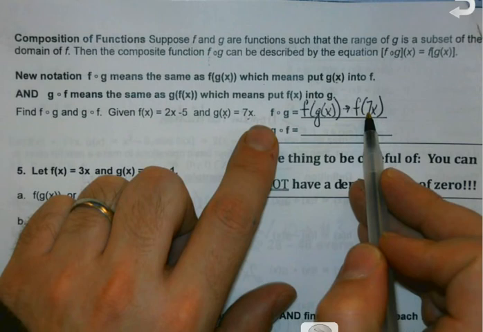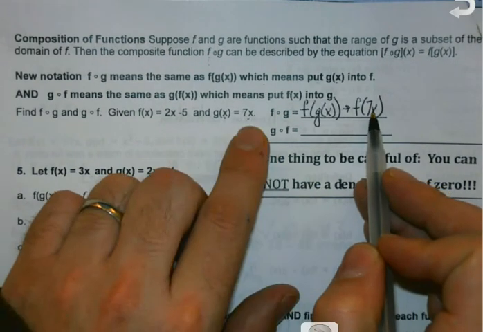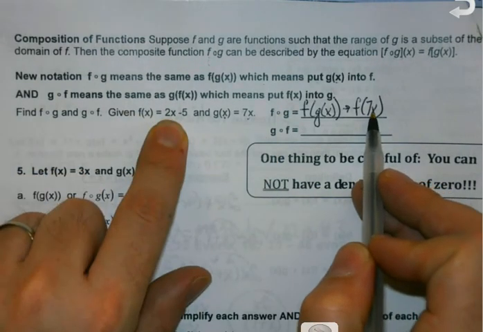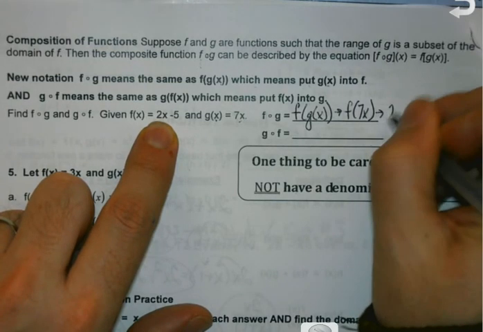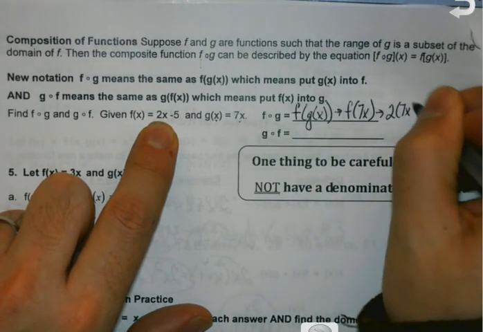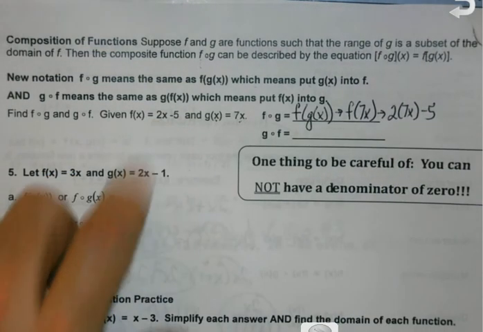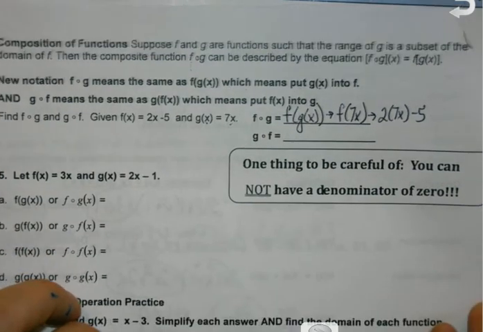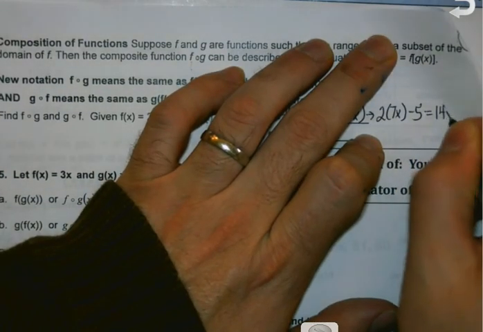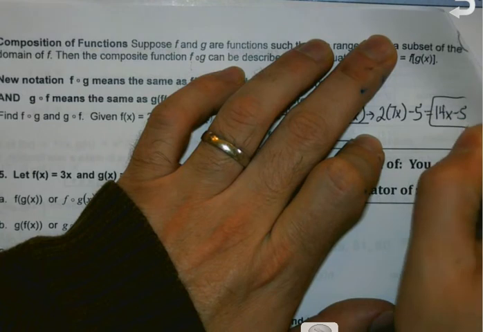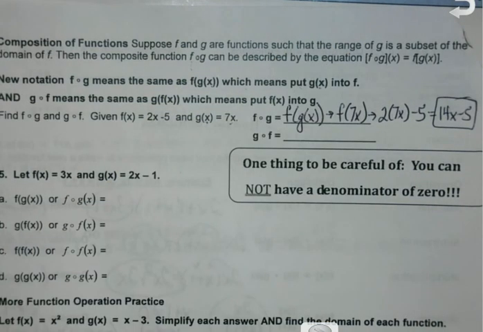So you're like, oh, so all I'm supposed to do is take 7x and plug it in where x goes here. Exactly. So I'm going to have 2 times 7x minus 5. And of course I have to simplify. And that would be my f of g of x, or my f of g.